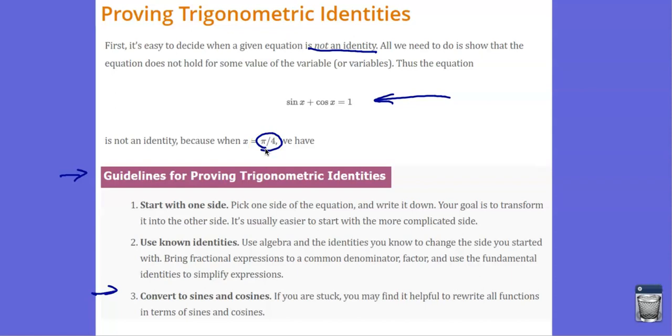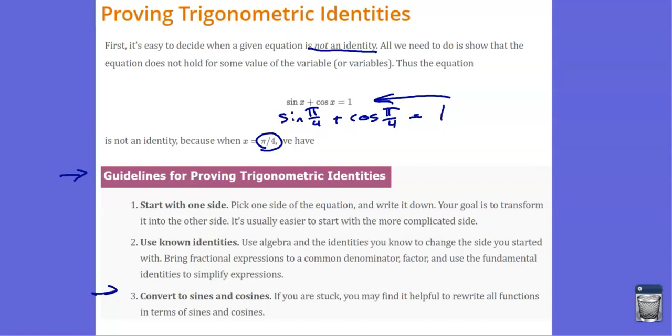So here's an example, sine pi over 4 and then cosine pi over 4. Does it equal 1? Well, no, it doesn't. So that's just one example. You can do others, but just one example shows that it is not an identity. You just have to come up with an example.